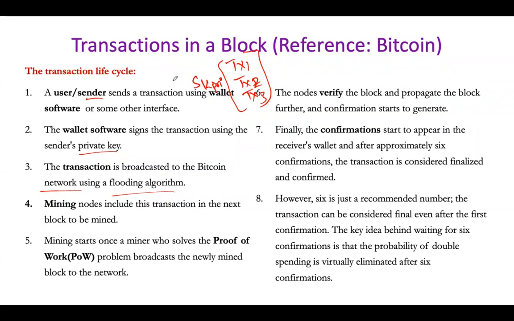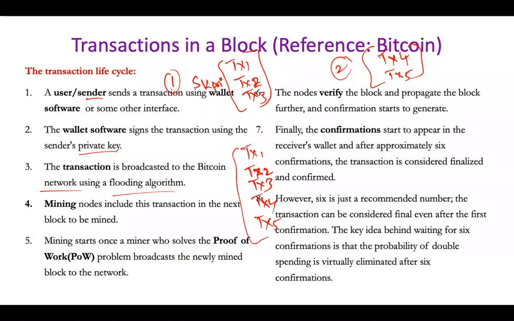Suppose this is sender 1, and another sender is adding some transaction 4, transaction 5. So all those transactions will be collected by your miner and added together, transaction 1, transaction 2, transaction 3, transaction 4, transaction 5, and the miner tries to add them in the block. All these transactions will be added in the block.